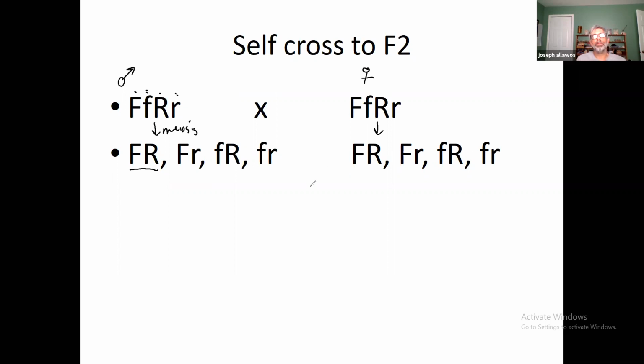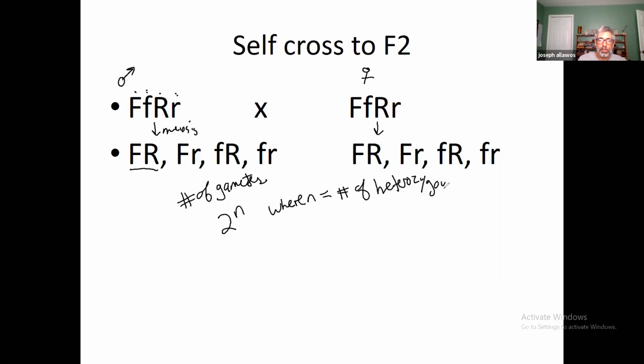Now, you may wonder, is there a way to know how many they're going to make? And there is actually a formula, and I'm going to give you the formula, and you might find it useful. The formula is 2 to the n. This tells you the number of gametes that you're going to get from a parent. And it's to the n where n is equal to the number of heterozygous alleles.